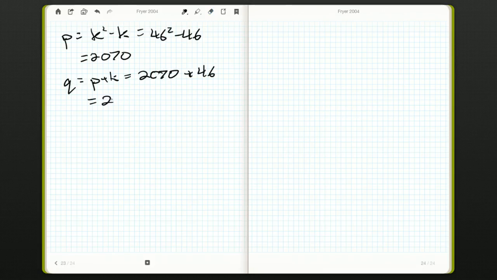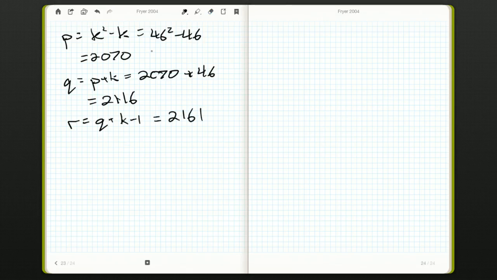The 2,116th, so q is k squared, I guess. And r is q plus k minus 1. Plus 45. 2161.